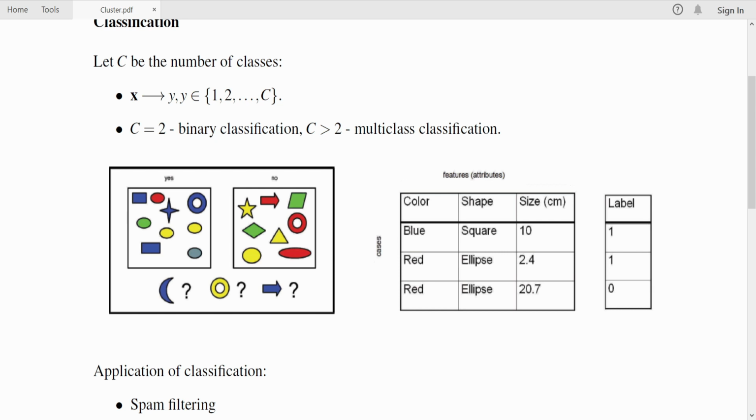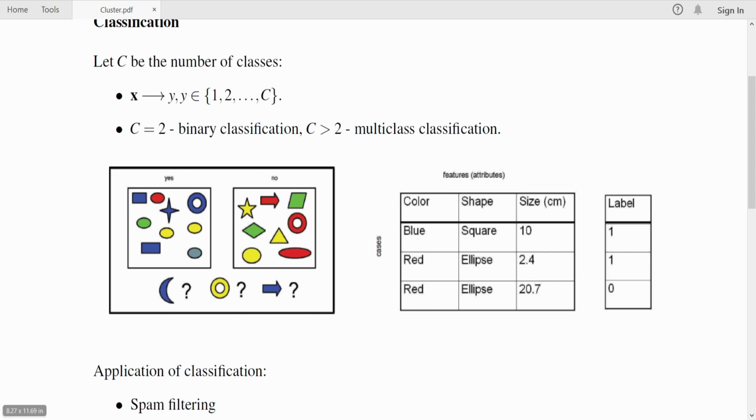As you can see, none of those belong to either this group or this group, but we still want to classify them based on what we have here. For example, we can see that all blue things belong to this group. So we can put this one into this group, label it 1, or classify it in the first group.